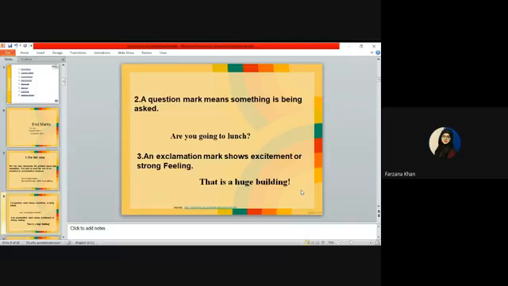These feelings can be of excitement, of sadness, or of shock. So at the end of exclamatory sentences, an exclamation mark is placed. So these three are the end marks: full stop, question mark, and exclamation mark, which are placed at the end of the sentences.